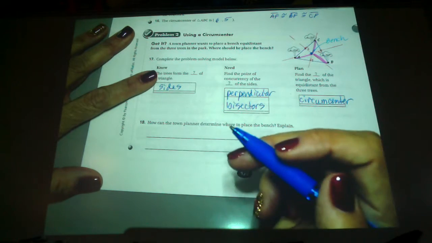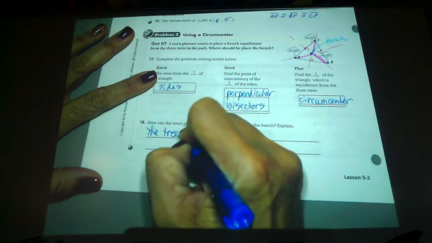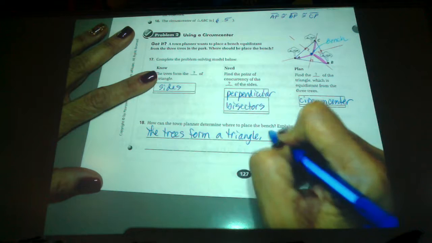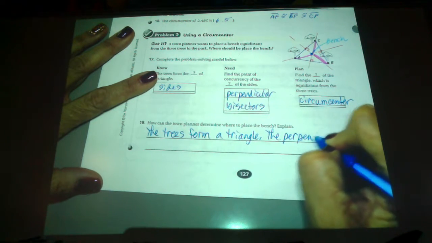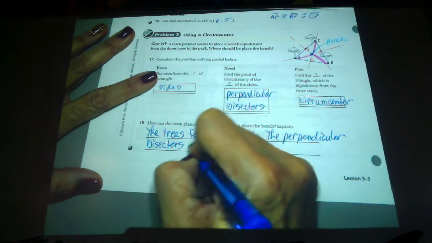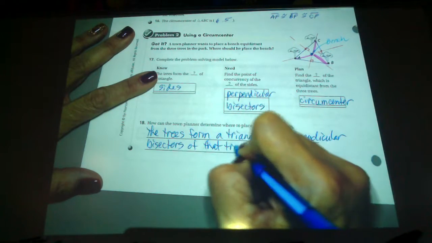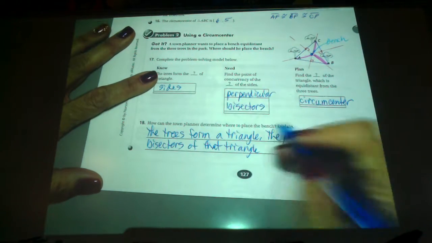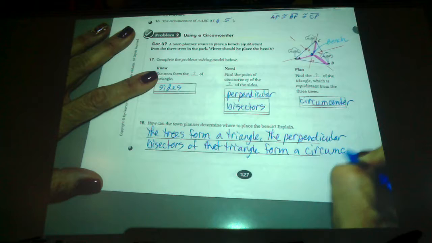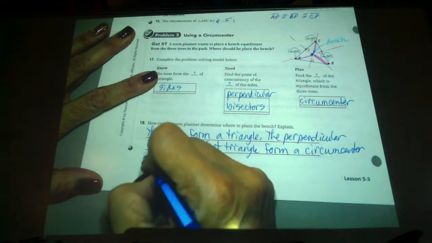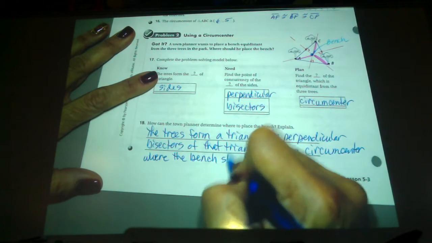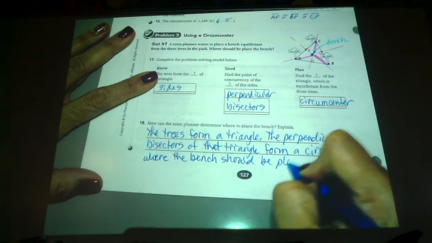So the trees form a triangle. The perpendicular bisectors of that triangle form a circumcenter where the bench should be placed.